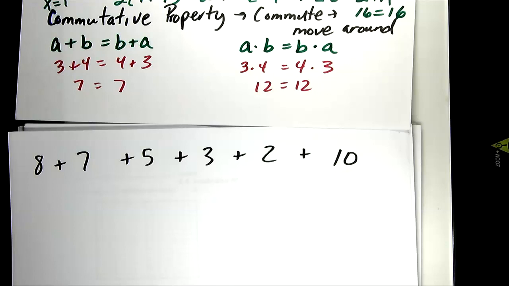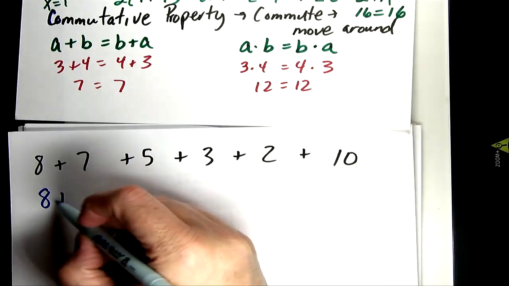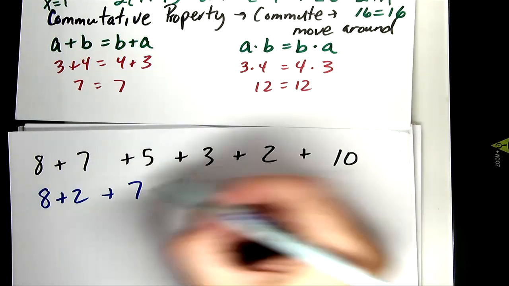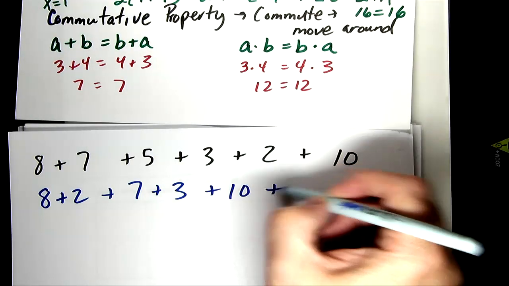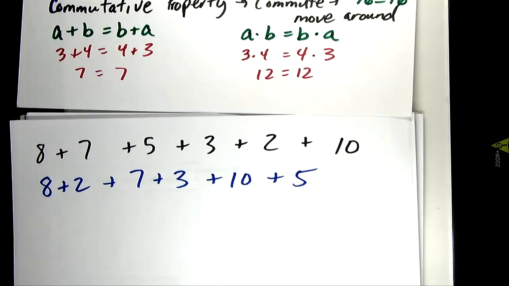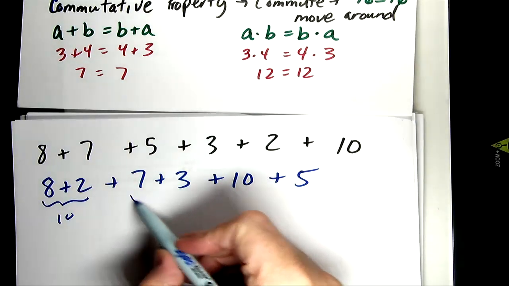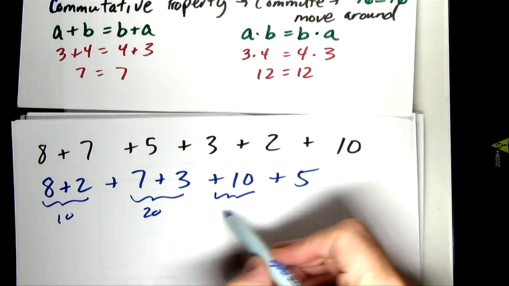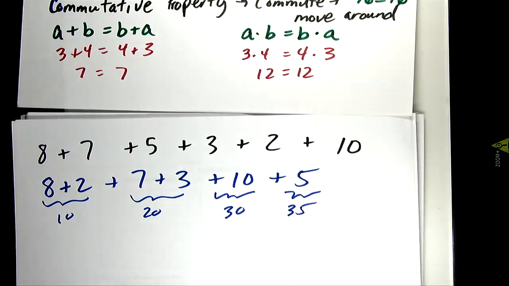So what I do is I reorder the addition where they go in tens. I'm going to move the 2 up to be with the 8, and the 3 up to be with the 7. I'll put the 10 next and then the 5. Because now I can do this in my head: 10, 20, 30, 35. And I can do it quickly. Multiples of 10 go quickly when you're adding.